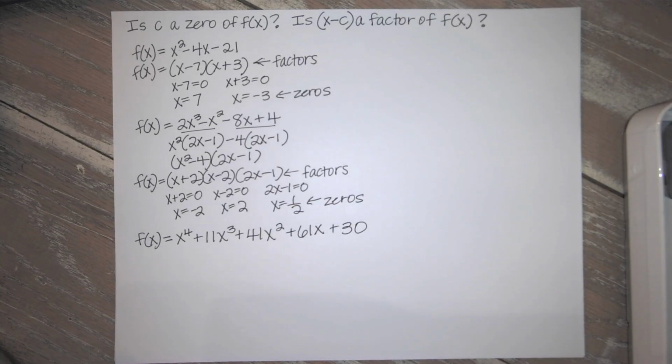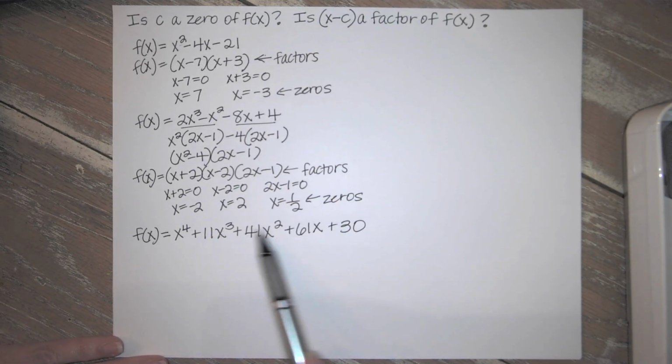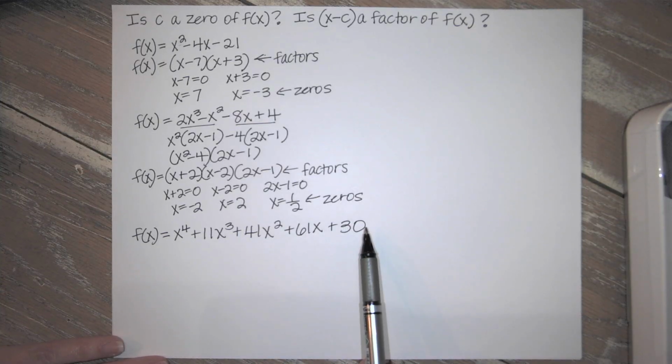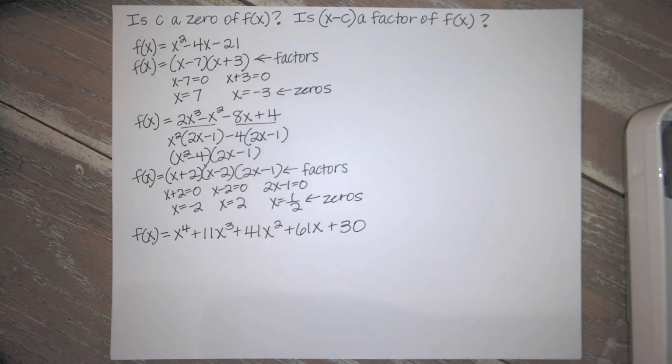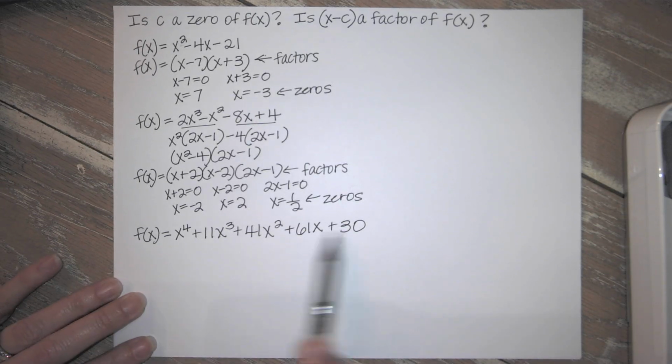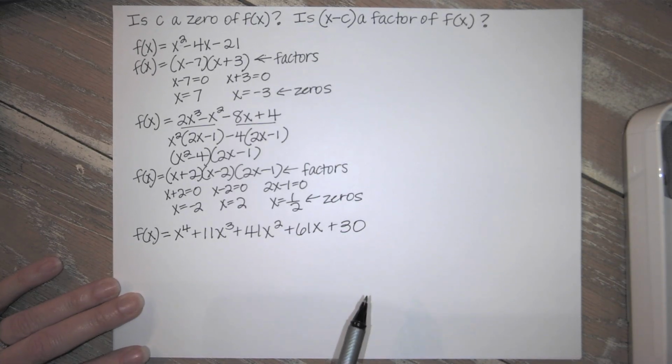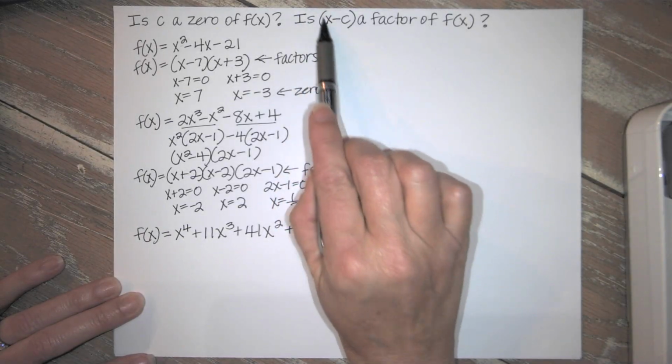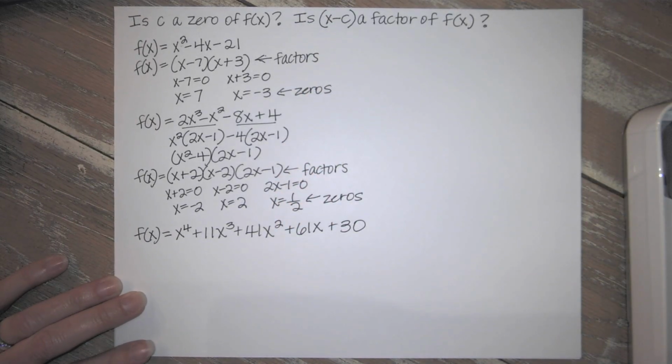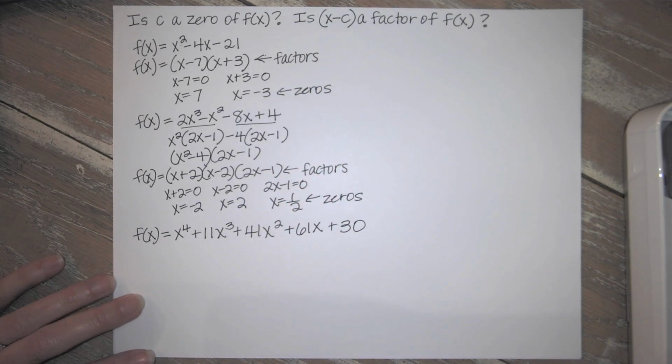Okay, so this is quite a polynomial here. We don't know a way to factor this, but we are going to learn today how to tell whether a value is a 0 of this, and also whether a factor is a factor of this using synthetic division.